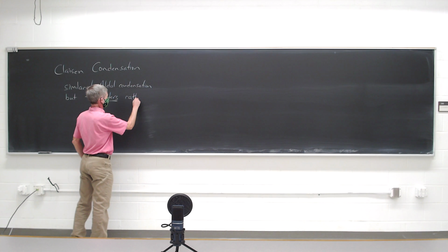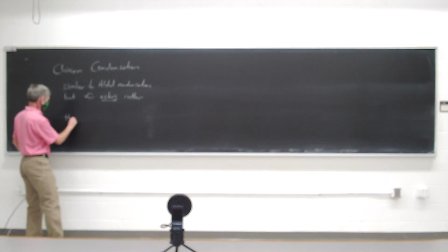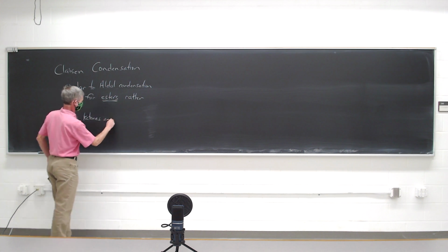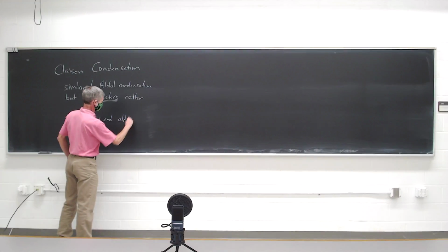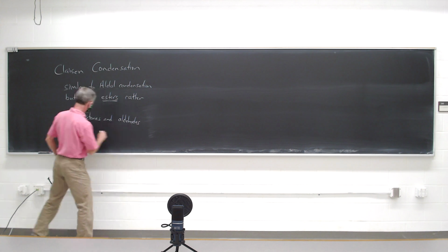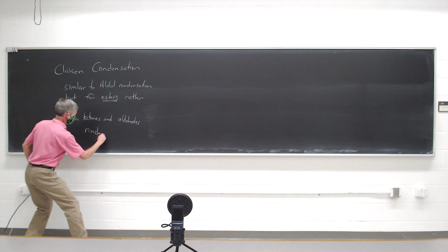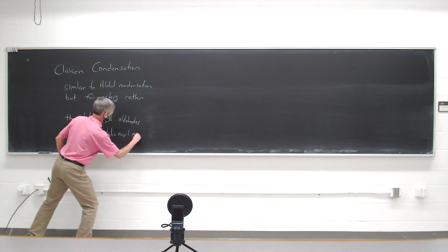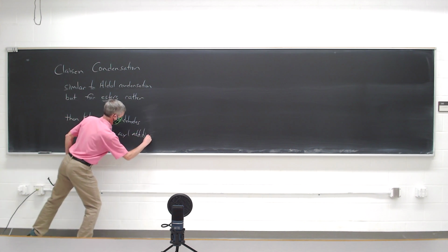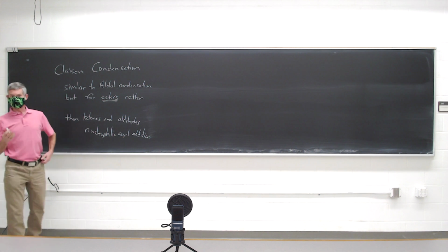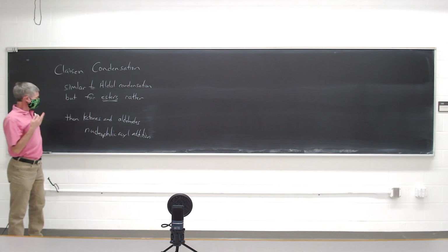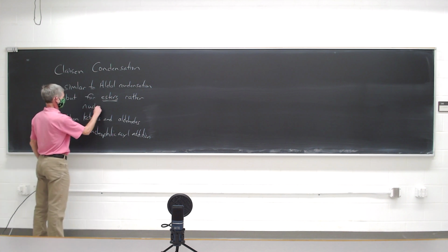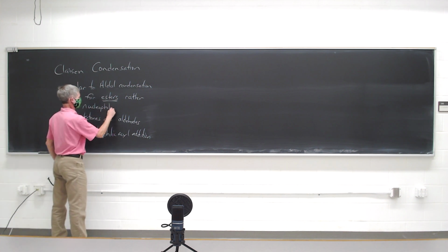Because for ketones and aldehydes, we're usually talking about nucleophilic acyl addition reaction. But for esters, which are carboxylic acid derivatives, we're not usually talking about nucleophilic acyl addition. We're talking about nucleophilic acyl substitution.